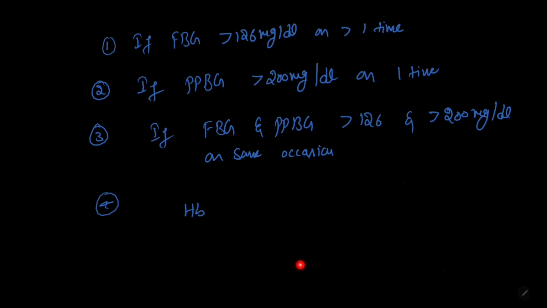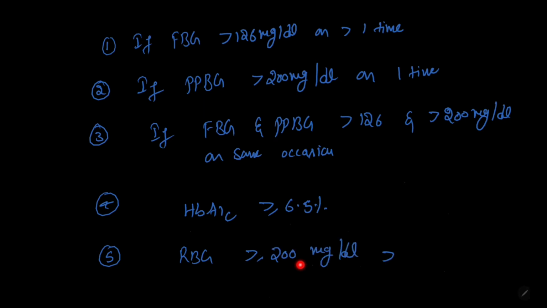Fourth one is HbA1c. If it is more than or equal to 6.5%, then the person has diabetes. Last one is if random blood glucose values are more than or equal to 200 mg per dl on more than one occasion, consider as diabetic. So this is the criteria for diagnosing diabetes mellitus.